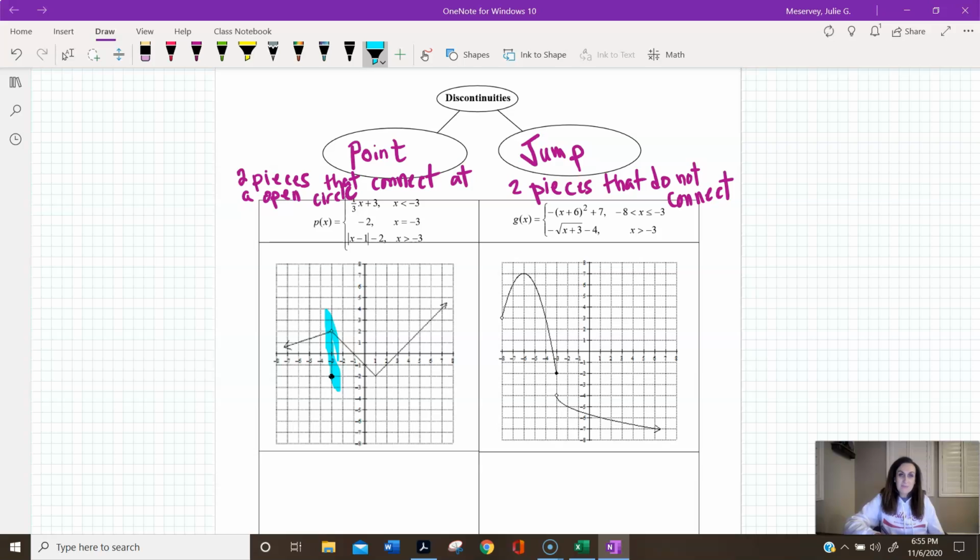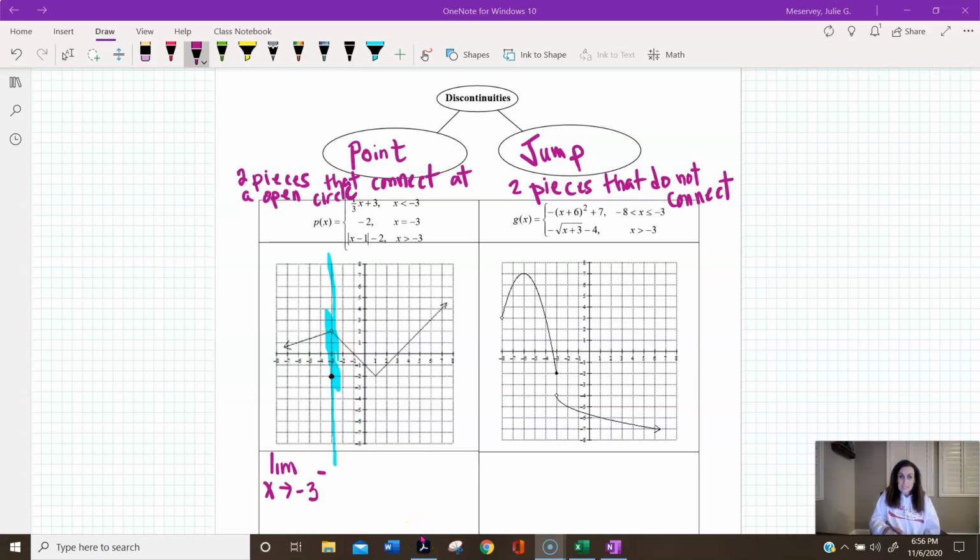If I have just this imaginary asymptote here at -3, let's say that we are coming into -3 from the left-hand side. So how we would write that is we would write the limit as x approaches -3 from the left-hand side.